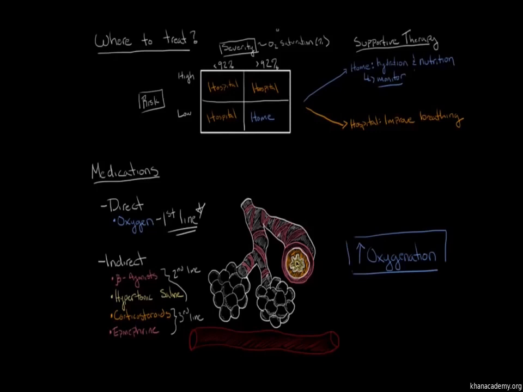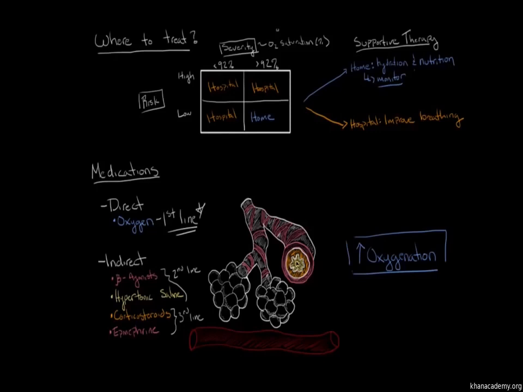If there is a high risk factor and the oxygen saturation is more than 92%, this is also hospital admission. If there is a low risk factor but the oxygen saturation in room air is less than 92%, also hospital admission. The only one for home medication and discharge with instructions to the patient is a low risk factor associated with oxygen saturation in room air more than 92%.